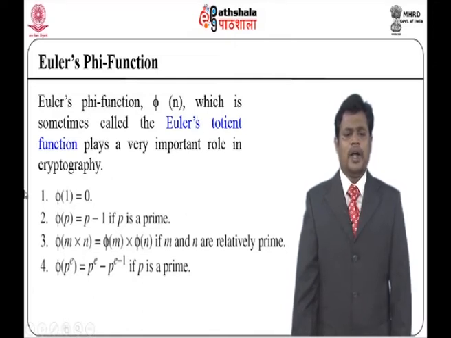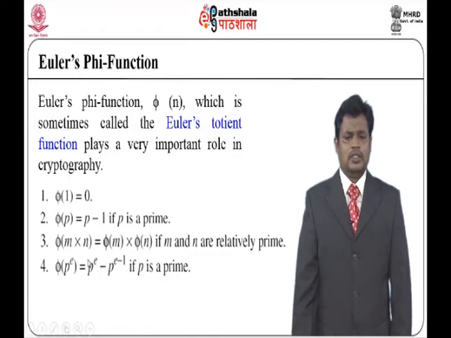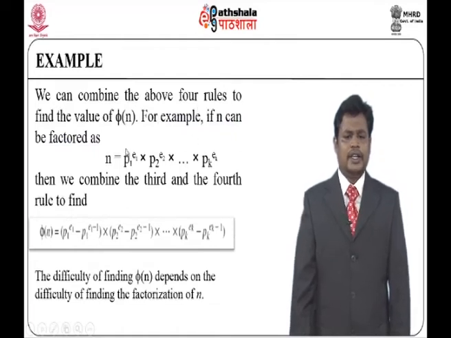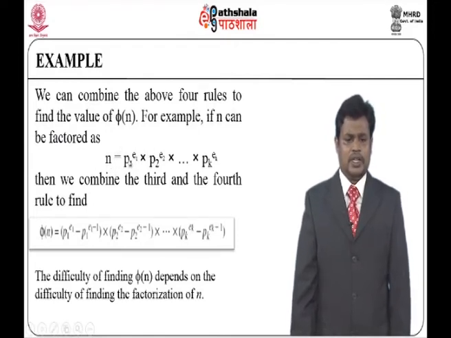The important thing we have to understand is that we need to remember these rules before applying them to find any phi of n. Suppose phi of n combines the above 4 rules, then it can be given, for example, where n can be factorized: n is equal to p1 power e1 into p2 power e2, like that up to pk power ek.